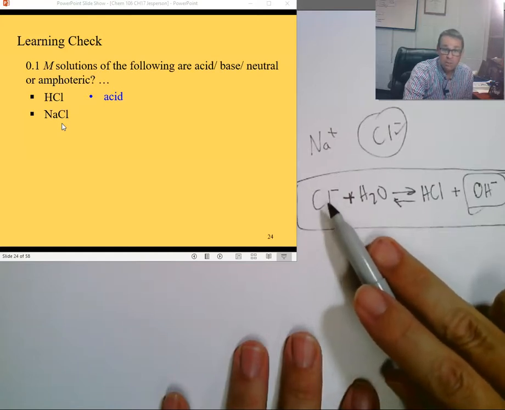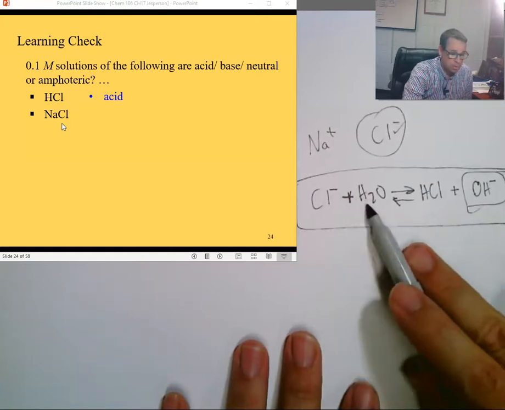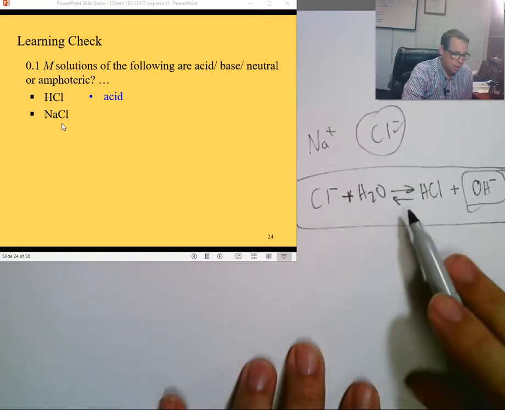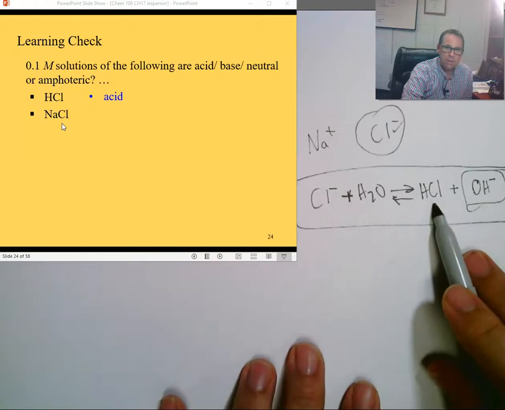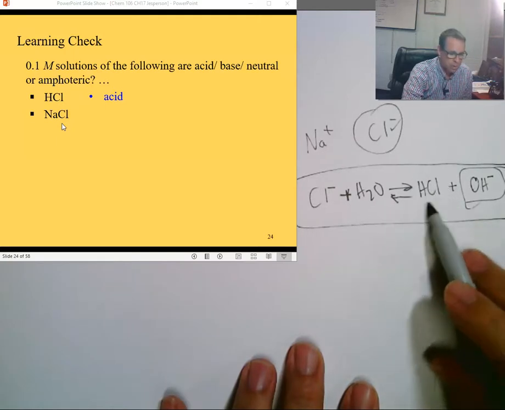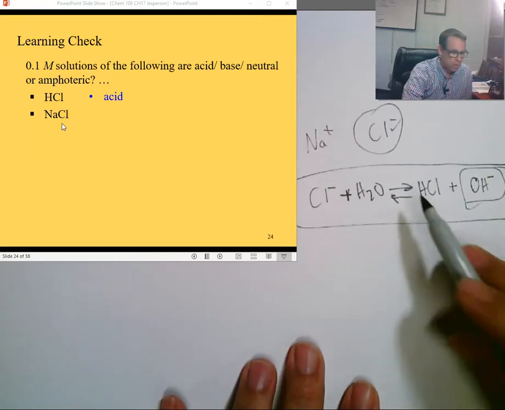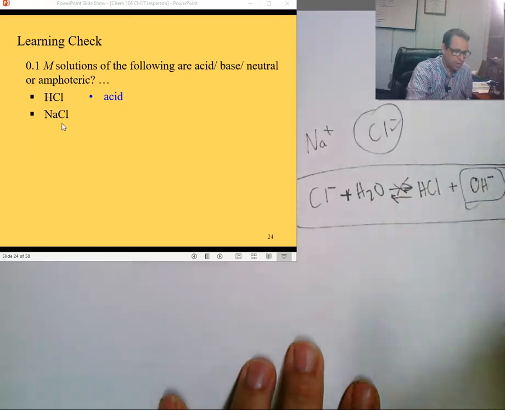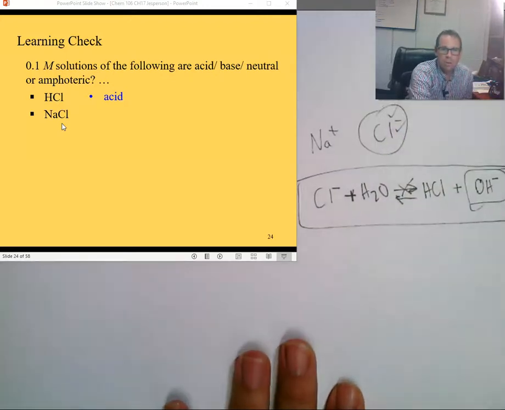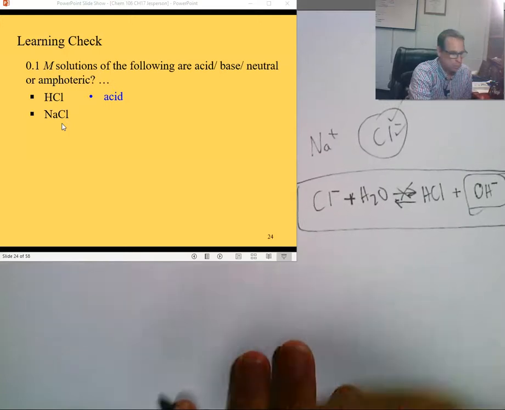If it's the conjugate base of a weak acid, it wants to pull a hydrogen off and make its conjugate base. But chloride ion is the conjugate base of what kind of an acid? A strong acid. And strong acids aren't going to form in solution. There's not going to be any HCl in solution. So this will not occur heading to the right. So chloride ion will not influence the pH of the solution.